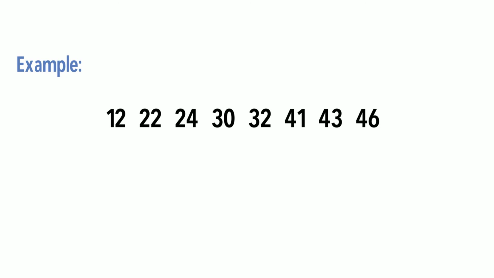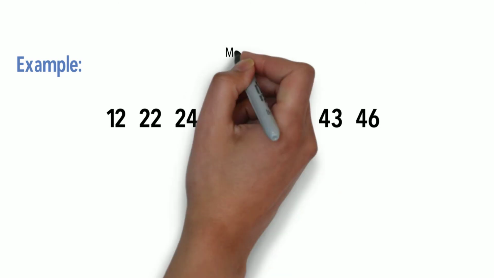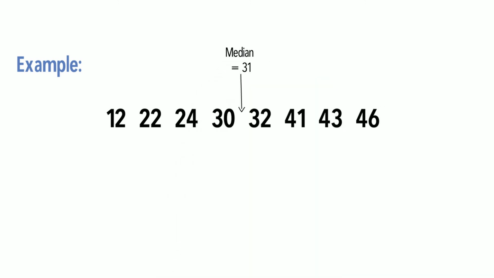Let's look at an example of finding the interquartile range. Suppose we have this dataset with 8 values. We'll use the definition of percentiles such that the 25th percentile is the position in the data that is greater than 1/4 of the dataset. Here, that would be in between 22 and 24.